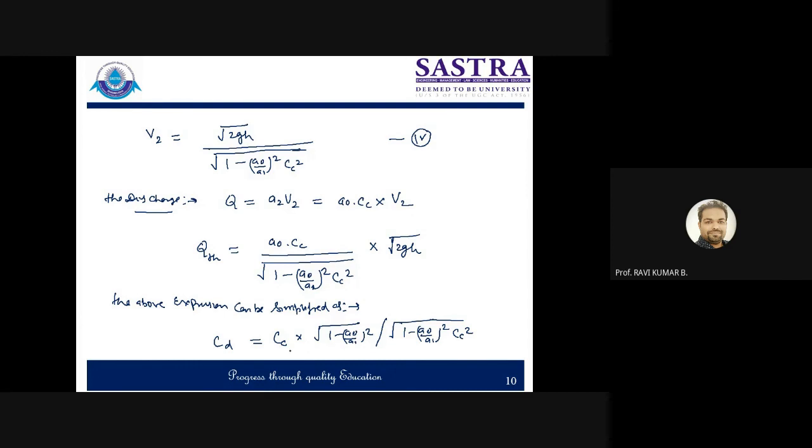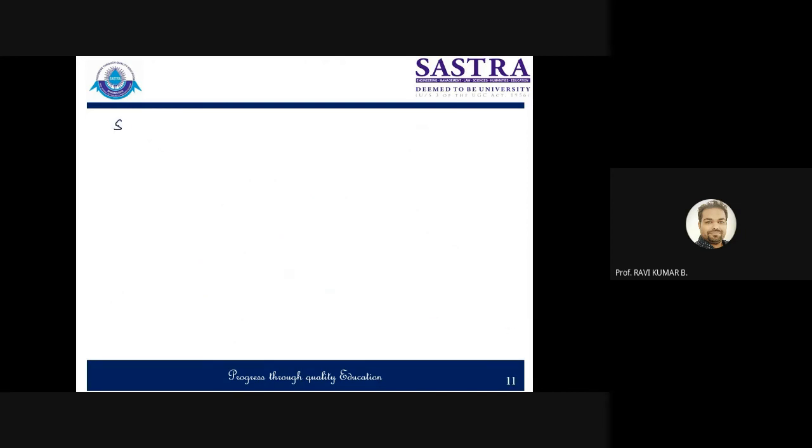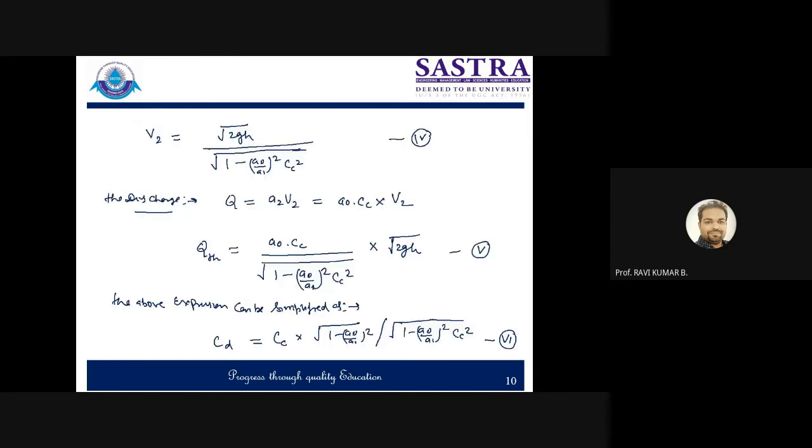Now substitute the value of Cc from here in equation number 5. Substituting the value of Cc from 6 into 5, look at the Cc value: Cc will be Cd times this term divided by this term.